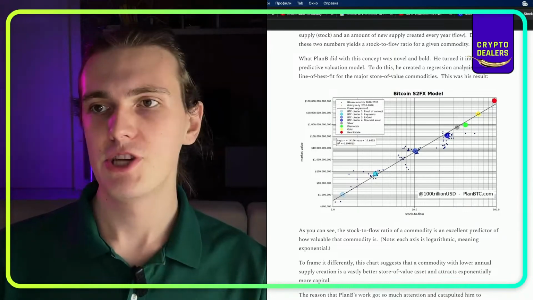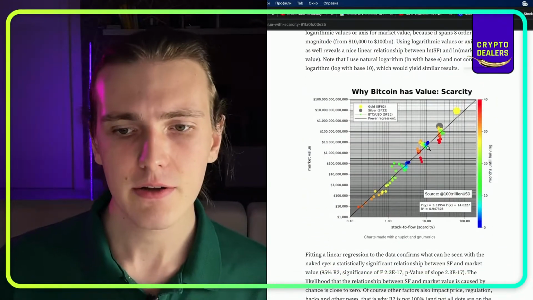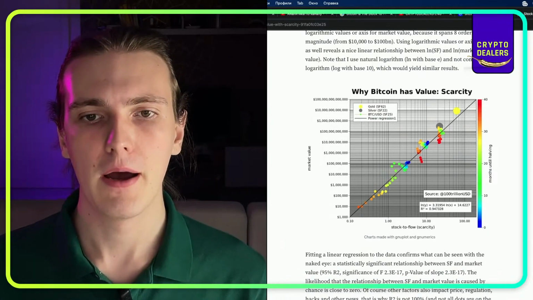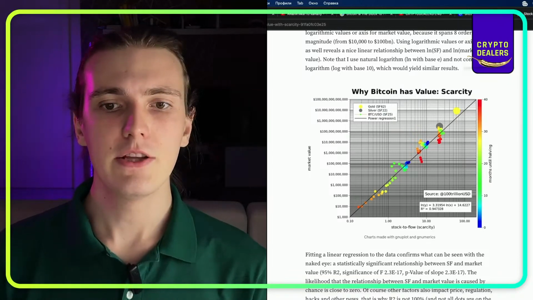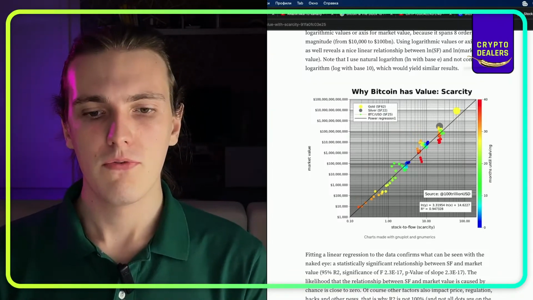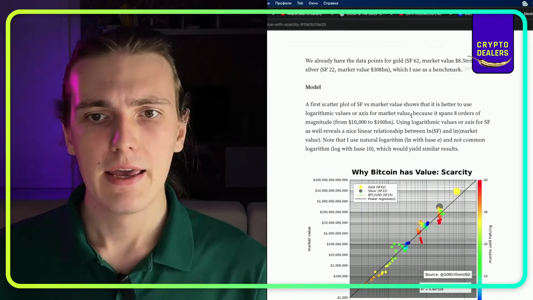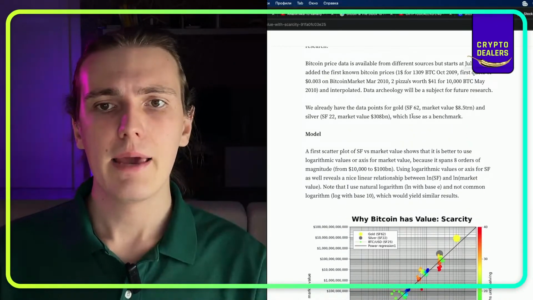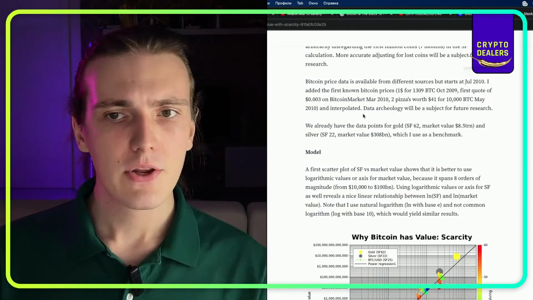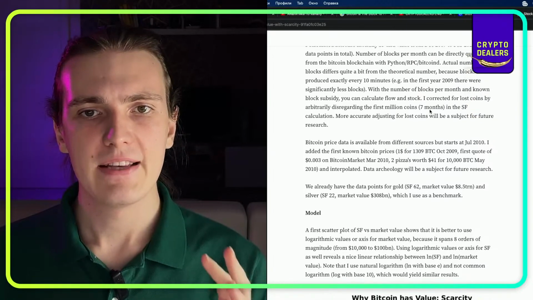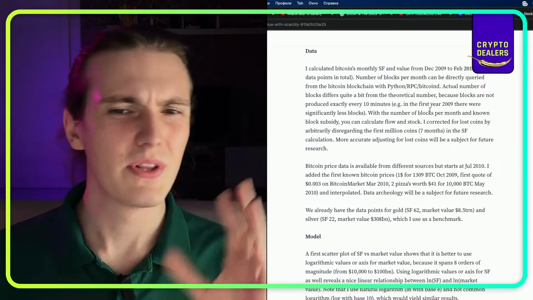So before coming back to Jesse's article, I'd like to go back to Plan B's article. So this is actually the same chart that I've shown you just now. So what Plan B did here is he took this model of, again, before this, I should say, at the time of creation of this article, Bitcoin's SF was around 22 or 25.